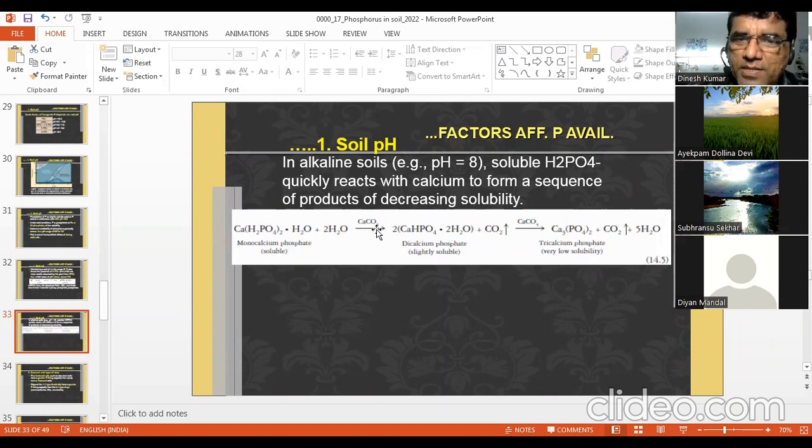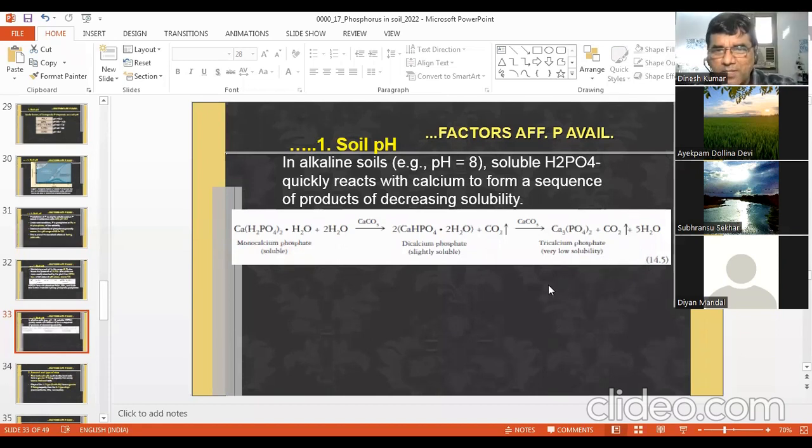In the presence of calcium carbonate, more calcium is added to it, and it is converted to dicalcium phosphate. Means monocalcium phosphate has converted to dicalcium phosphate, and CO2 is released. And this dicalcium phosphate, by further reacting with calcium carbonate, is making tricalcium phosphate. And this is very, very insoluble. And then CO2 is released.